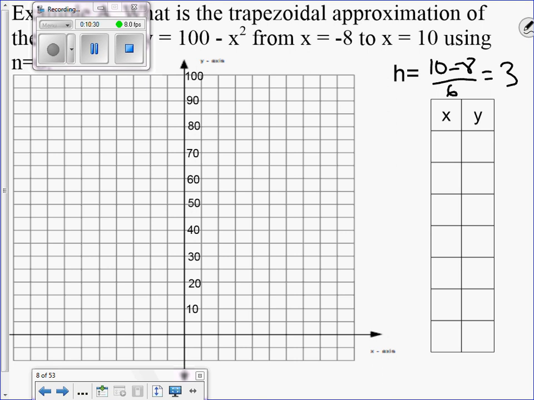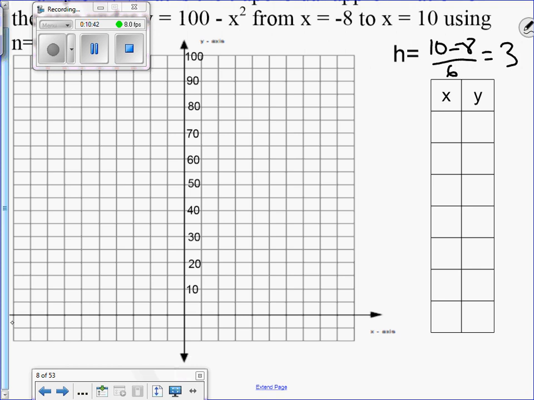Before you do anything else, you want to mark off the important x values, the ones you're going to be plugging in to get your bases. So you don't just want to mark every single x value. That's going to mess you up, believe me. So what's the first x value I need to mark? -8. Now we said the height's 3, right?